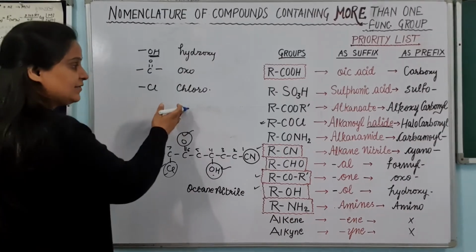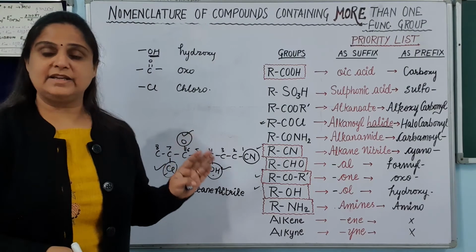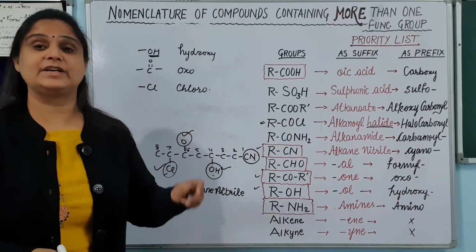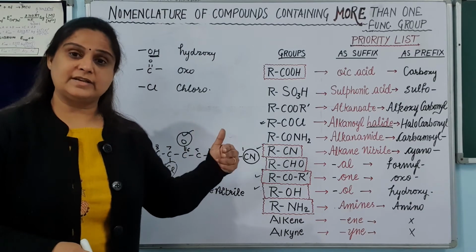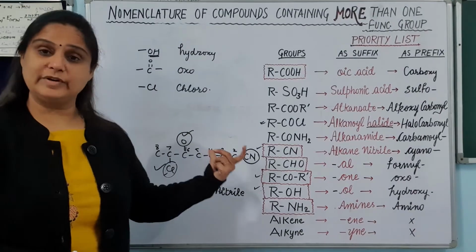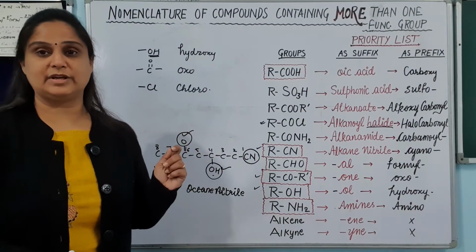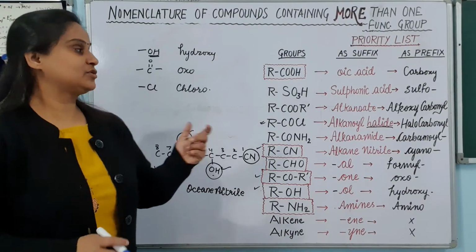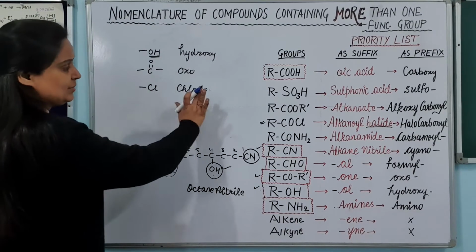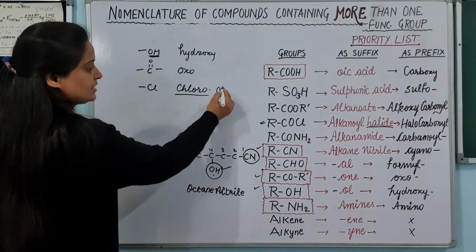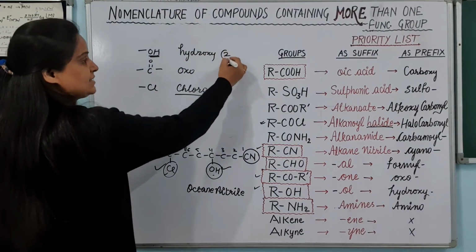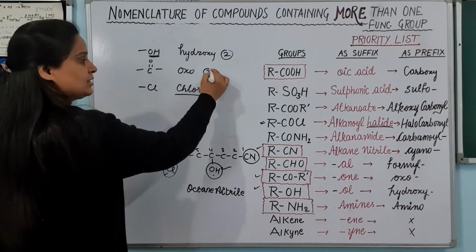So we have 3 functional groups. Once any of the functional groups is taken as a substituent, the order in which you give them depends totally on their alphabetical order. So I will keep them in alphabetical order. The order becomes chloro first, then hydroxy second, and then oxo third.